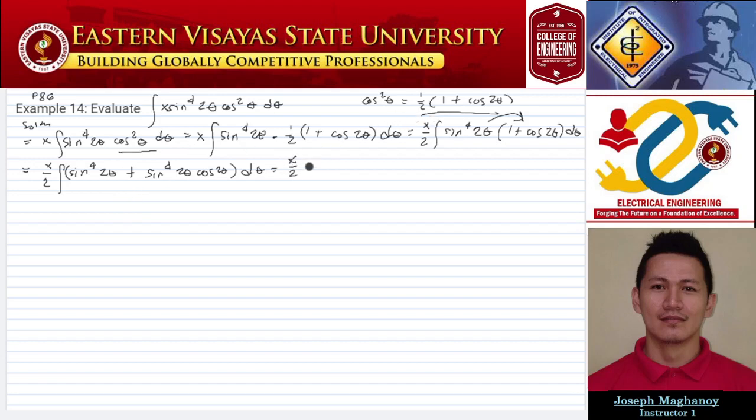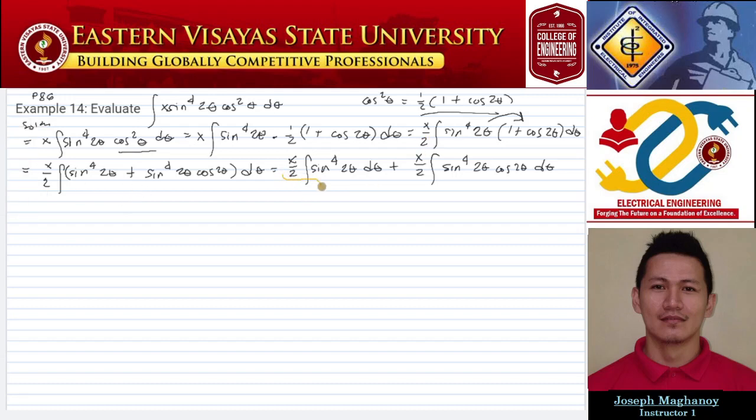So this x over 2 integral of sine raised to 4 of 2 theta d theta plus x over 2 integral of sine raised to 4 of 2 theta, cosine 2 theta, d theta. So now we have two terms.